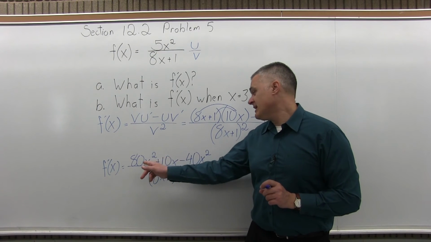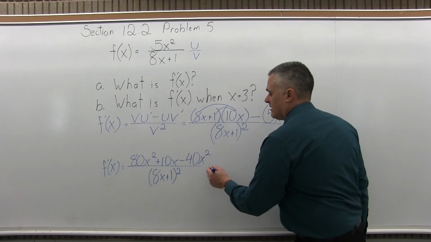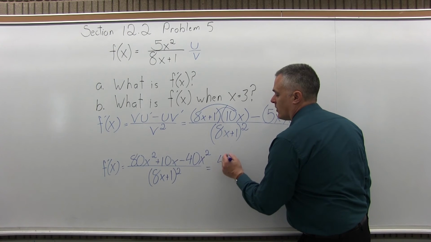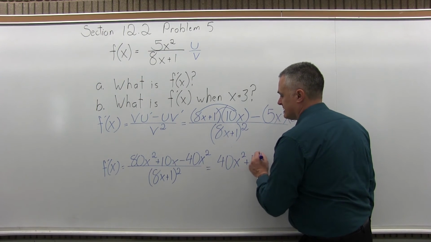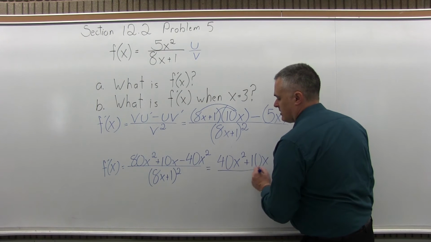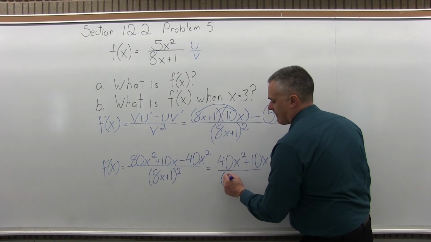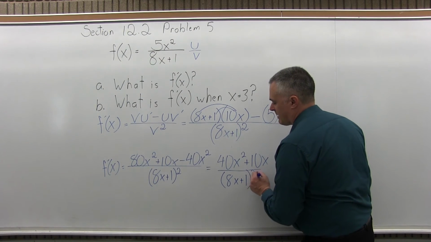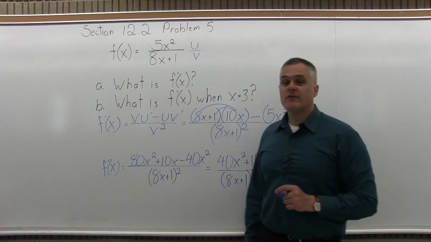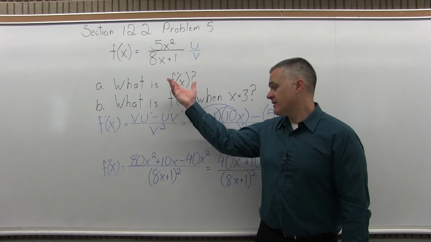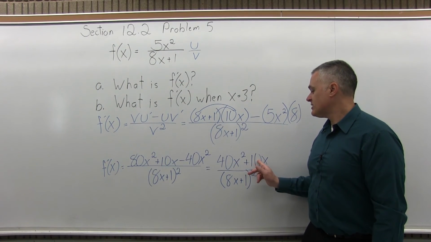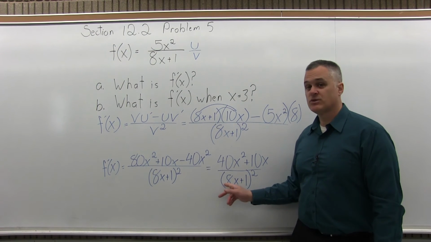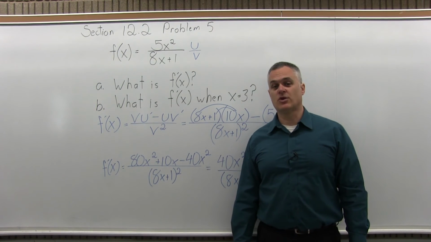So I can combine the 80 and the negative 40 and have positive 40x squared plus 10x over 8x plus 1 in parentheses to the second power. So that's f prime of x. That answers part A. What is f prime of x? F prime of x is 40x squared plus 10x in the numerator over 8x plus 1 in parentheses to the second power in the denominator.